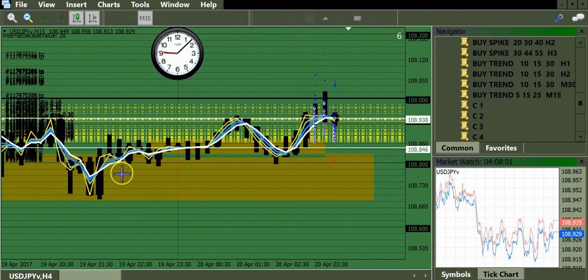So from a trend standpoint, the robot went long here, then he sells, then he goes long, then he sells, then he goes long, and he goes short, but he might get crushed and he's going to have to go long.